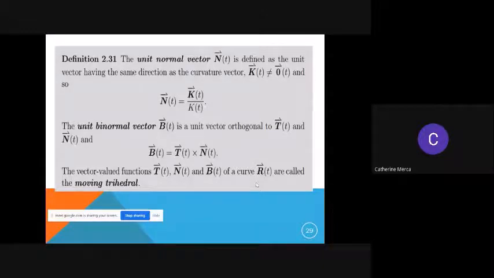Let me just go through again. This one is na yung summary. Summary nito. So, ang n of t can also be rewritten as k of t, which is a curvature vector. Curvature is supposed to be not equal to 0, no? And make use of your unit normal as such also. Tapos ang b of t is your t of t cross n of t. Ang tawag sa tatlo, ito yung gusto kong i-emphasize.